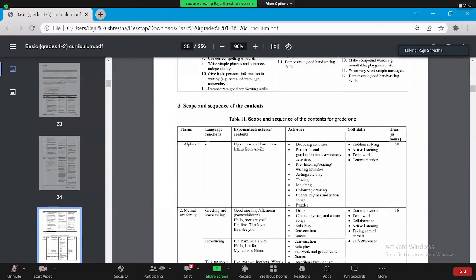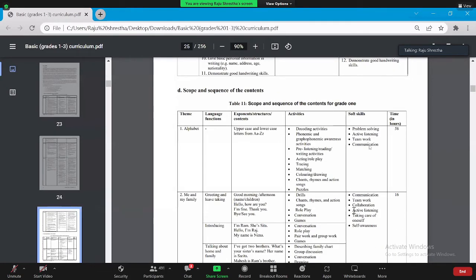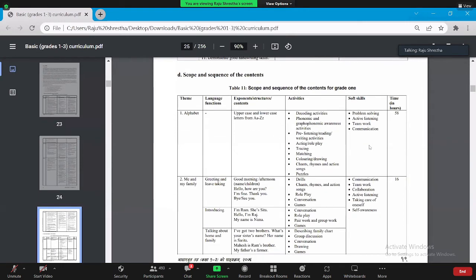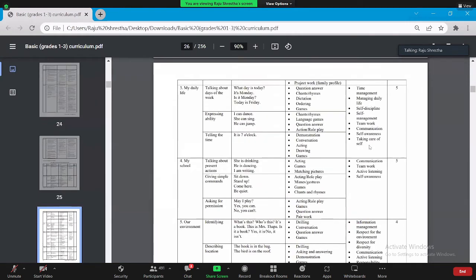Then communication, teamwork, collaboration, active learning, taking care of oneself, self-awareness. From here also we can take support. And in my daily life: time management, managing daily life, self-discipline, self-management, teamwork, communication, self-awareness, taking care of oneself, active learning. These are given here.